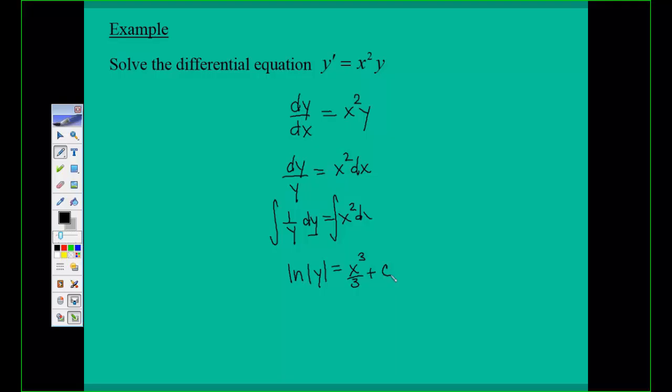And again, I'm going to just combine both constants of integration on the right side. We can put this in explicit form. We can solve for y. We're going to raise each side to the base e. That would give us the absolute value of y equals e to the x cubed over 3 plus c.